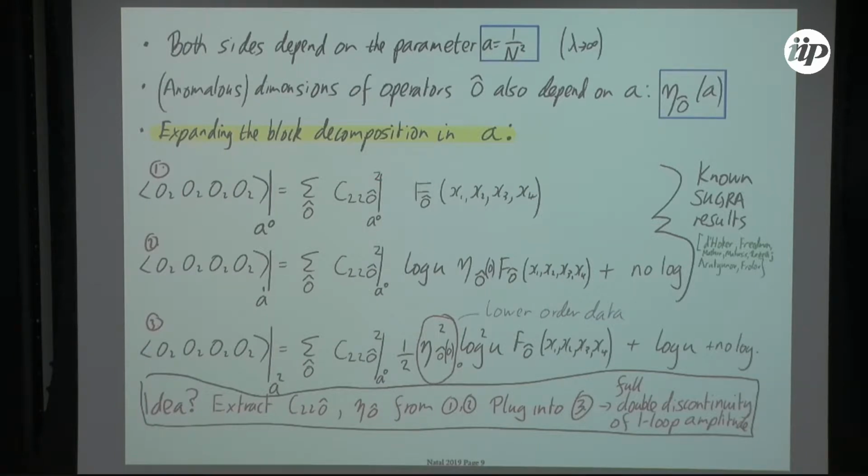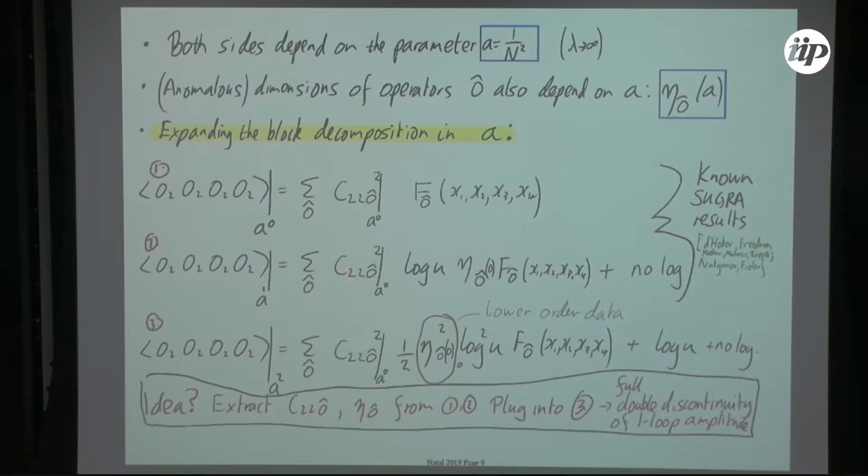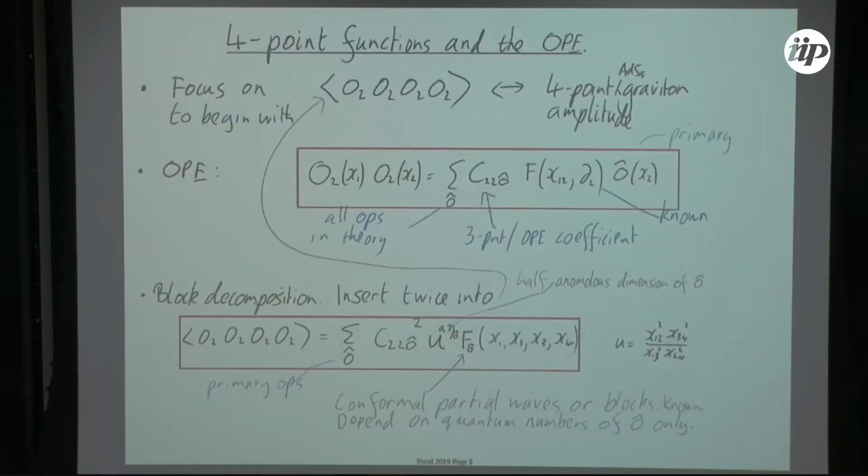At the next order in 1 over n squared, I bring down a log u. So I get the 3-point function squared times log u times the anomalous dimension times the block. And then at the next order, you get this so-called double discontinuity, where I have a log squared u from doing the same thing again, bringing down 2 powers from here.